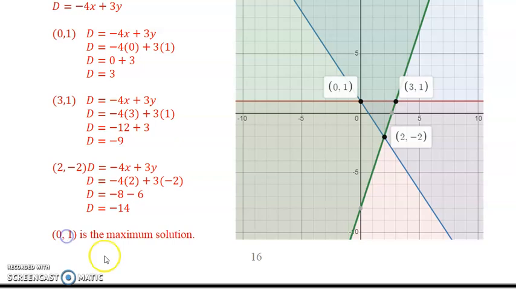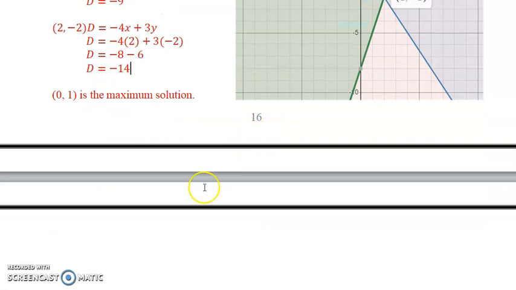So the answer is (0, 1) is the maximum solution because it yielded the largest value, equal to 3. Okay? And that's it. As for the min, it would have been here. And the other one doesn't. Good, thanks for the question.